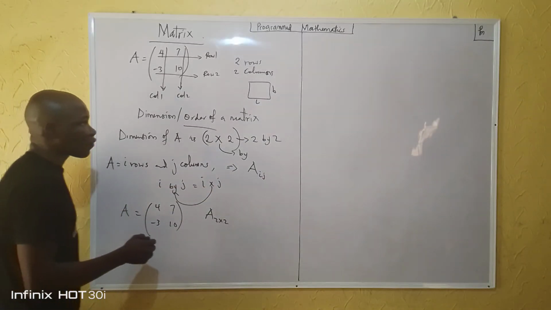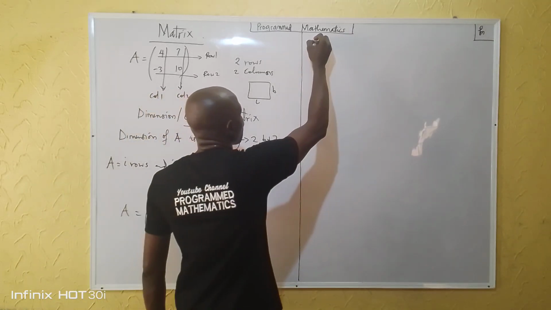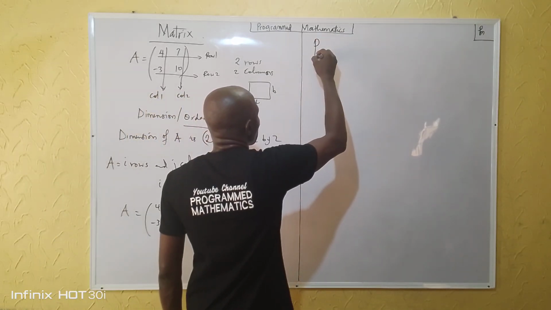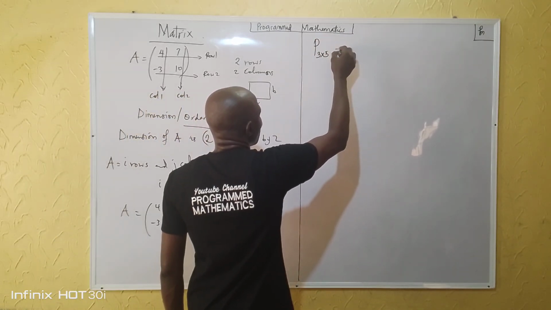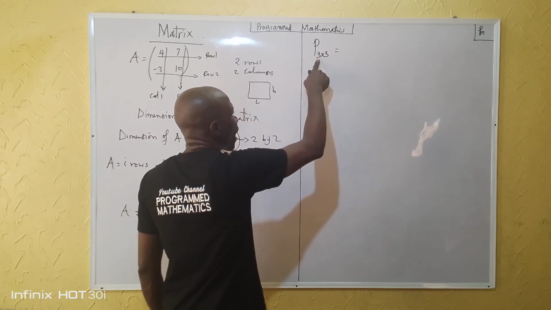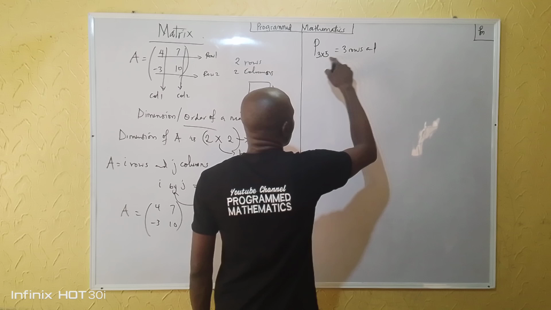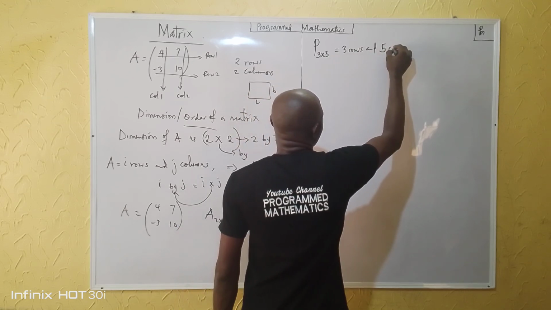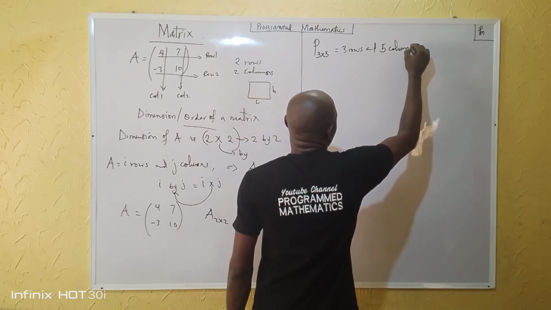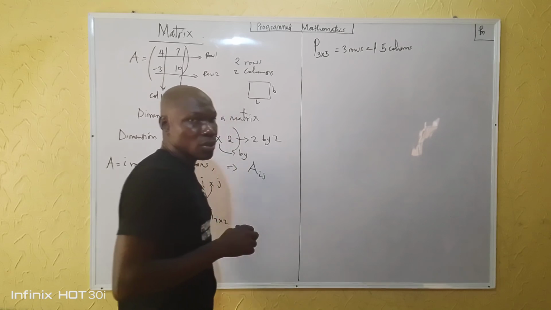So if I have a matrix P defined as 3 by 5, this simply means matrix P has 3 rows and 5 columns. That's the meaning.